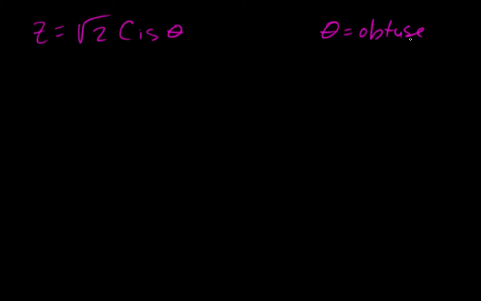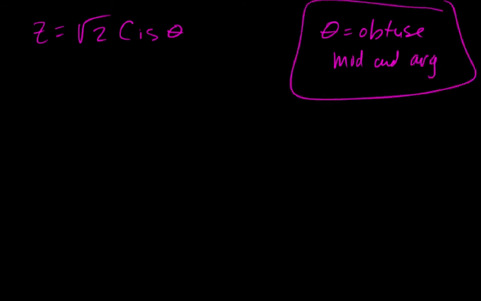Find the modulus and argument. Okay, so we have 2z is where we're going to start. And so we know that 2z is just going to be this thing multiplied by 2. So it's going to be like that.